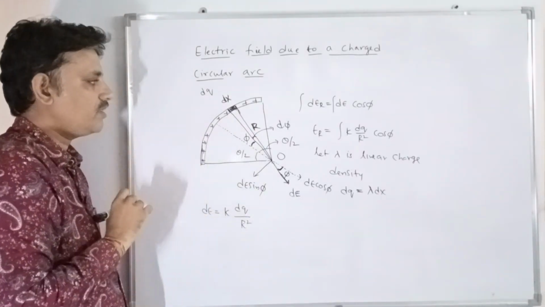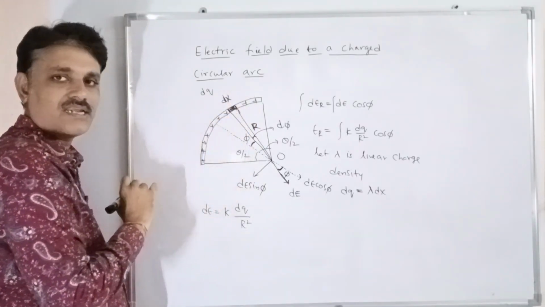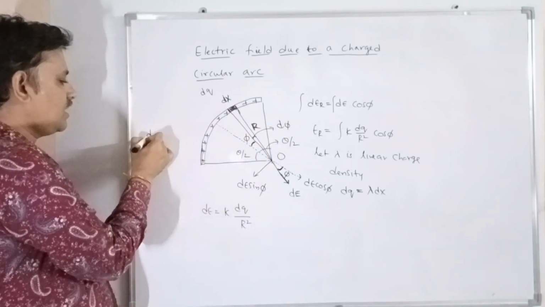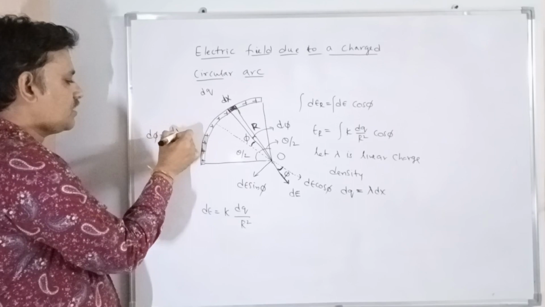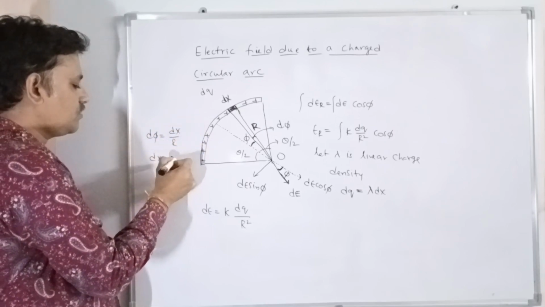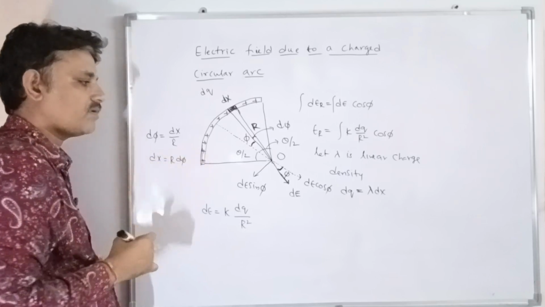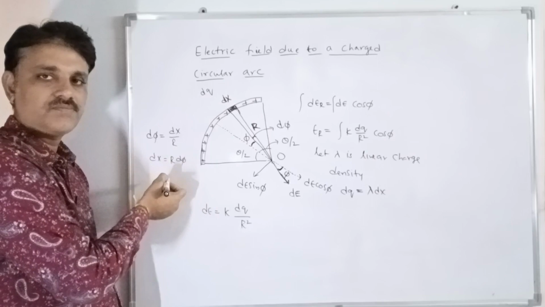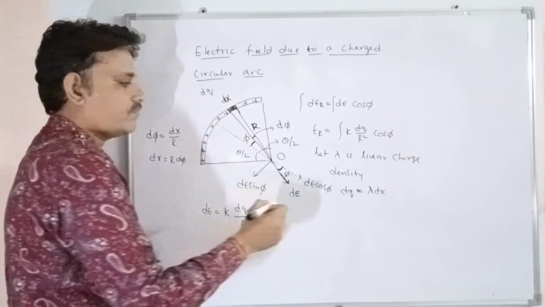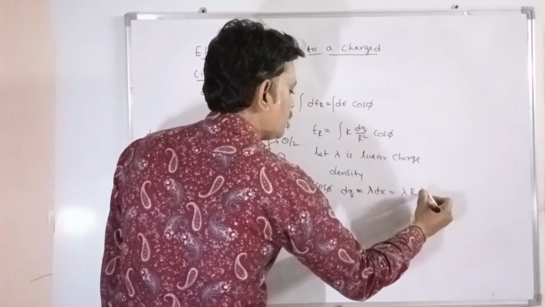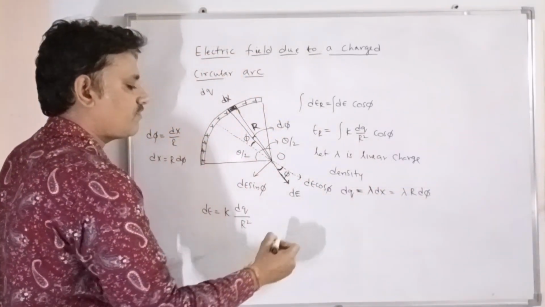And one more point: dx is the arc length, d phi is the angle here, and we know angle is equal to arc by radius, so arc length is equal to r d phi. So in place of dx we substitute r into d phi. So finally dq is equal to lambda into r into d phi.